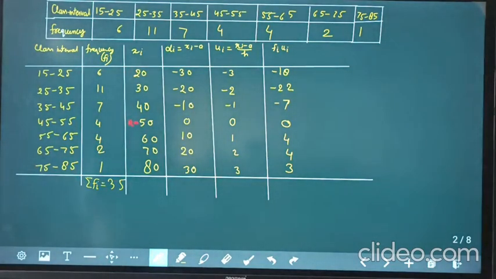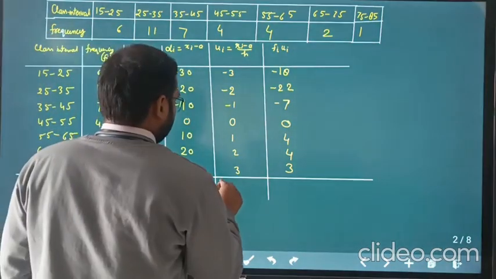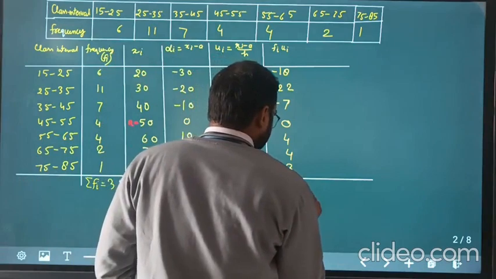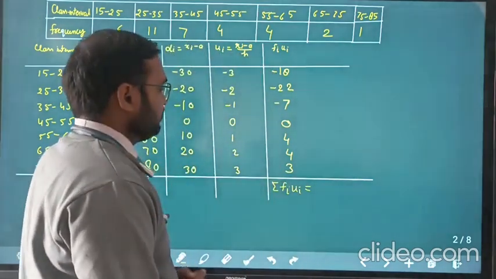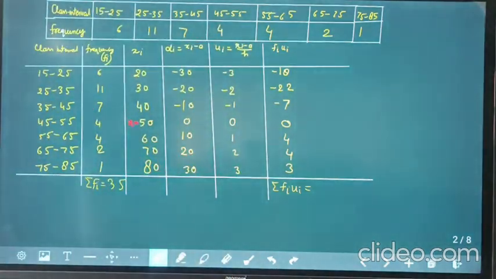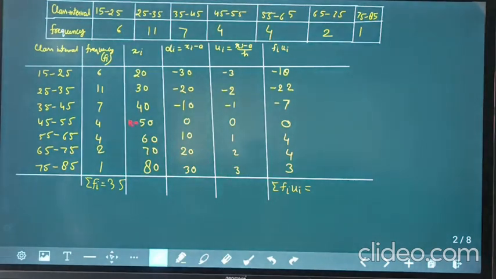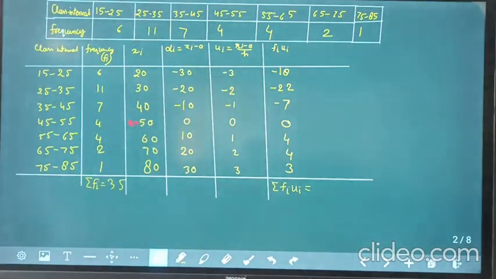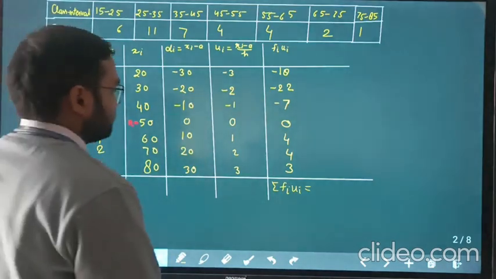And now the value of sigma Fi Ui will be equal to 4 plus 4 plus 3, 8 plus 3, that is 11, and the negative terms will be minus 18, minus 22 and minus 7, that is minus 47. So 47 minus 11, that will be minus 36.